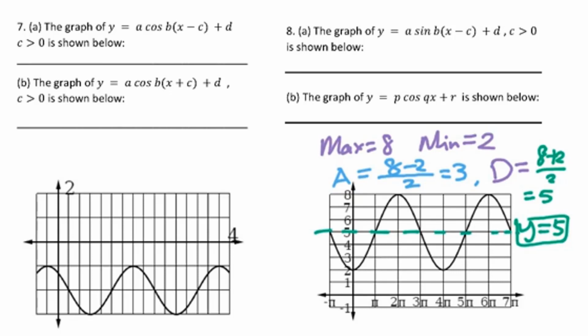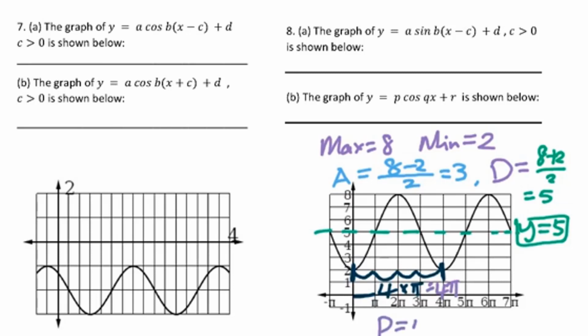Now let's go to period. For period, find the nearest maximum or minimum value. Let's do the minimum value this time. Count the units: 1, 2, 3, 4. So 4 times. What's the unit for this graph? That's pi. Each unit is pi, so times pi, I got 4 pi. That's the period.